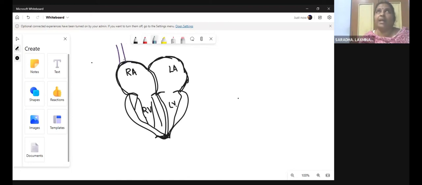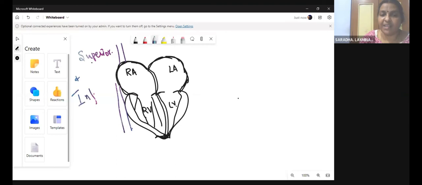The upper one, from the superior part of your body, called the superior vena cava, collects the blood and opens into the right atrium. Whereas from the lower part of the body, there is another blood vessel called the inferior vena cava that again opens into the right atrium. So the blood vessels opening into the right atrium are the superior and inferior vena cava.